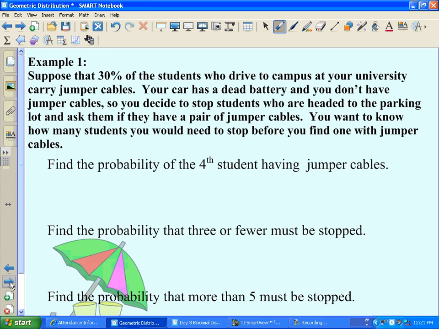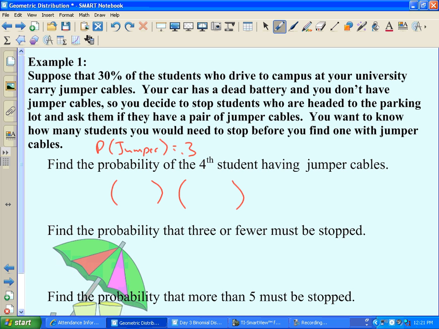Which means, what needs to happen overall? The probability that somebody has jumper cables is 0.3. Think about the tracing.